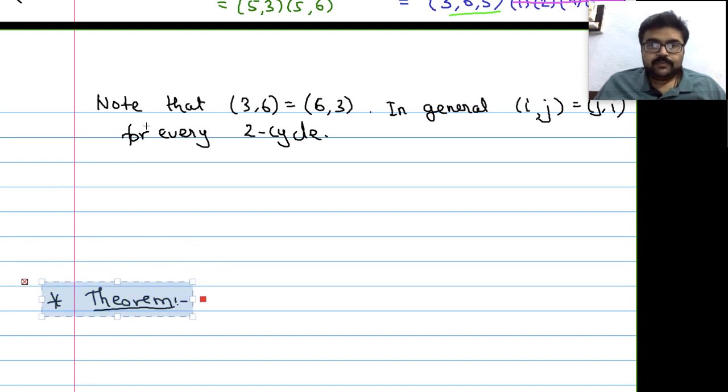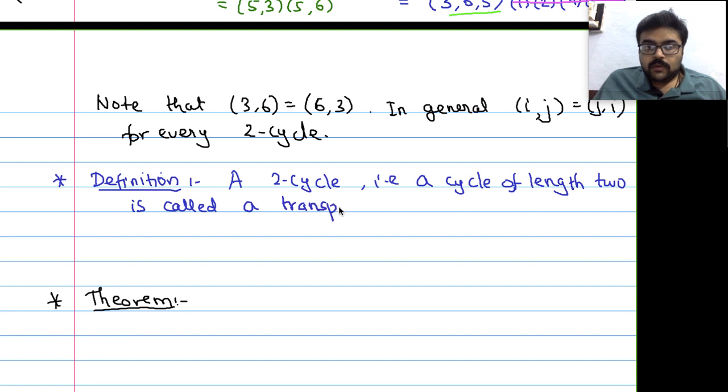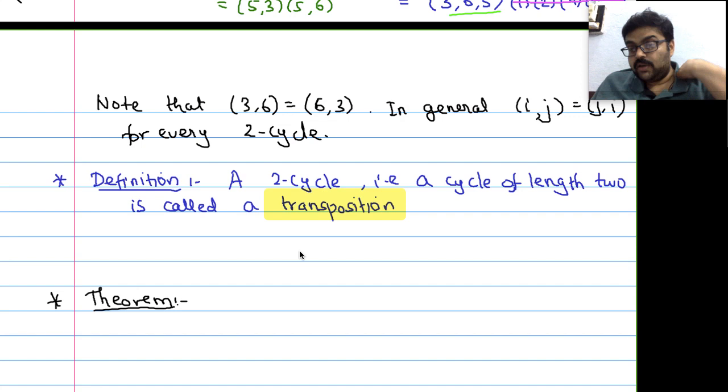Definition: a 2-cycle, that is a cycle of length 2, has a special word and is called a transposition.